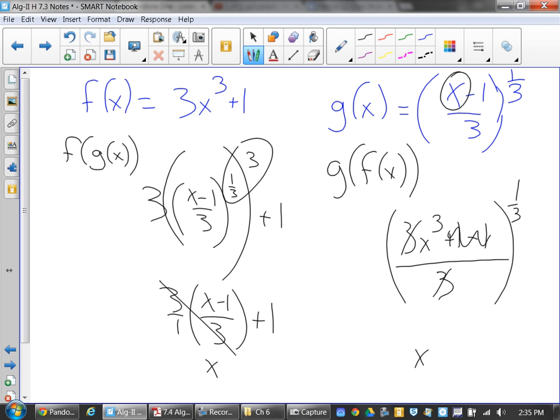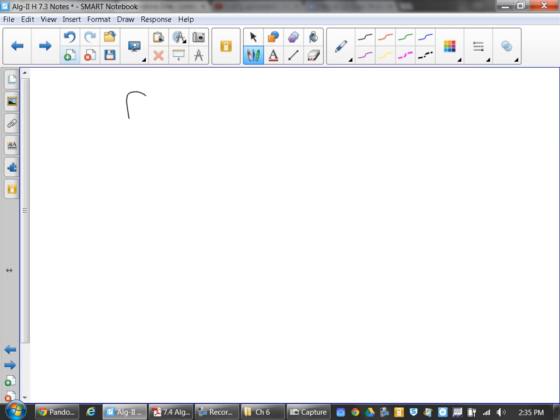Tomorrow, you're going to have to find the inverse. If I wanted to find the inverse of that, what's another name for f of x? y equals, right?